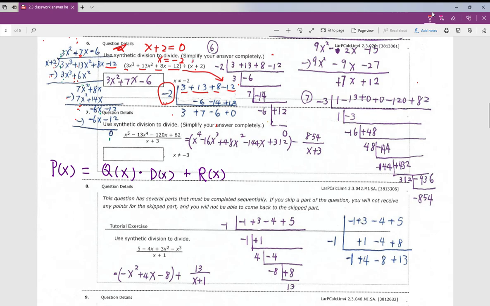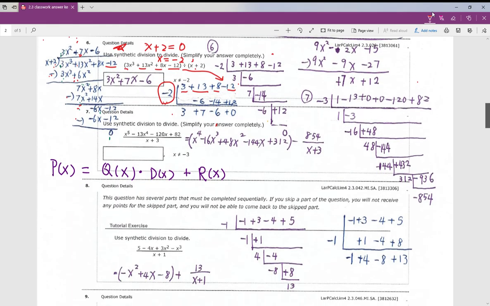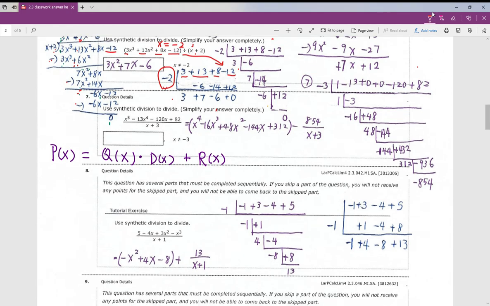When the divisor is more than 1 degree, like this one, second degree, then we don't have a shortcut, no synthetic division. Only when you have 1 degree, or we say a binomial, then we create this synthetic division for you.